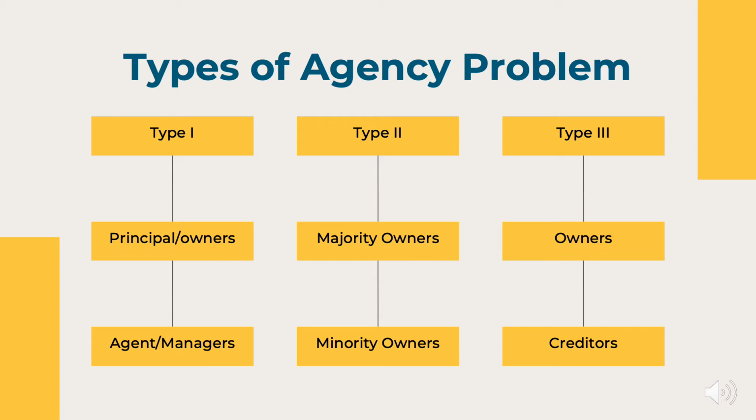Usually, the conflict in the principal-principal problem arises because the majority owner has a higher voting power in a company than the minority owner. Therefore, it is hard for the minority owner to hold their rights.